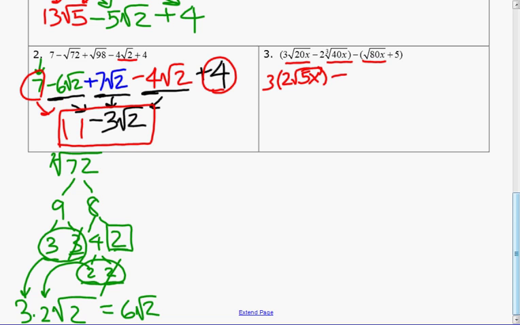Okay, then the next one we're subtracting, and we have 2, and then the cube root of 40x turns into 2 cube root of 5x. And then the last one we have a minus, and we have 2 things in the parentheses here, but the square root of 80x turns into 4 square root of 5x. And then we also have this plus 5 that's inside the radical.